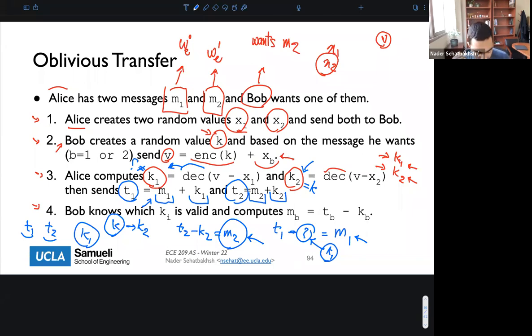So at the end of this process, Bob has access to M2, and Alice knows nothing about whether Bob has picked M1 or M2. On the other hand, Bob also has no way of recovering both of the messages, and Bob can only recover one of these 2 messages, right? So that's the fairly complicated oblivious transfer algorithm, in which, out of these 4 steps, both parties can basically do what they want.